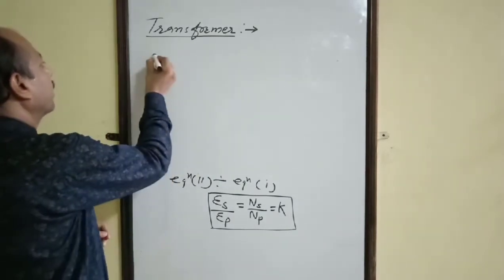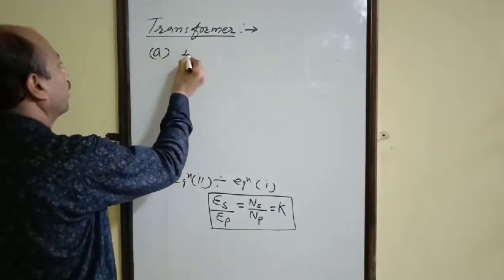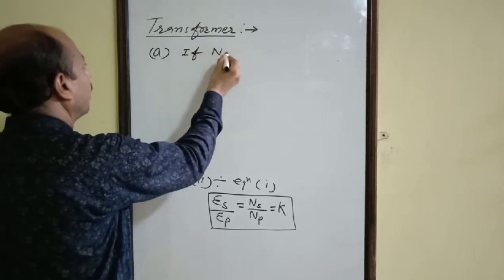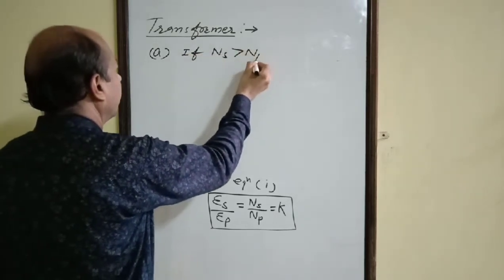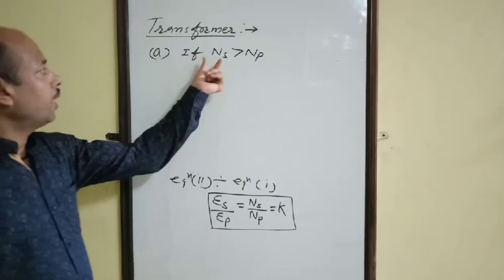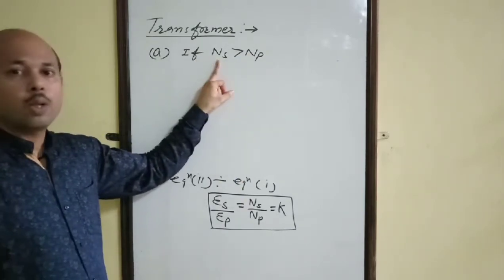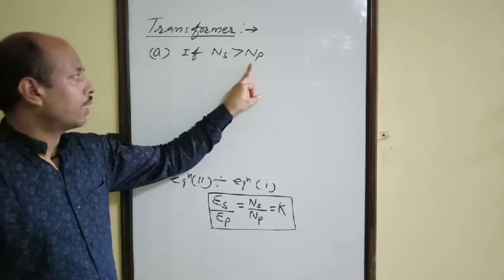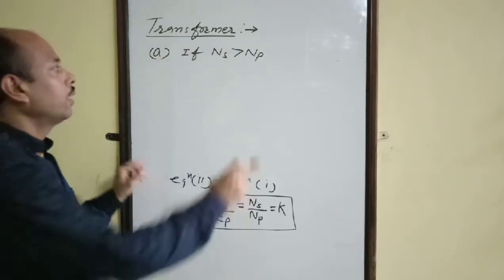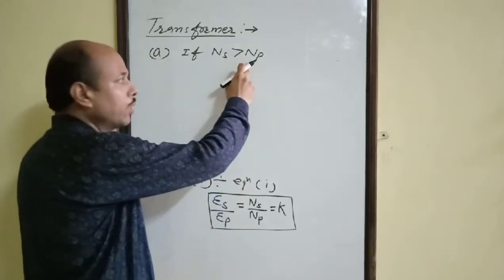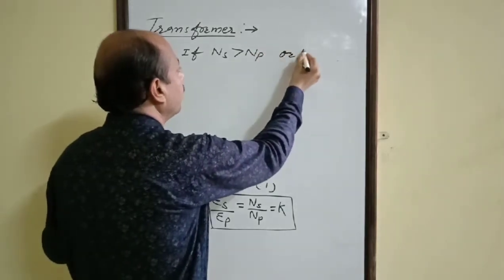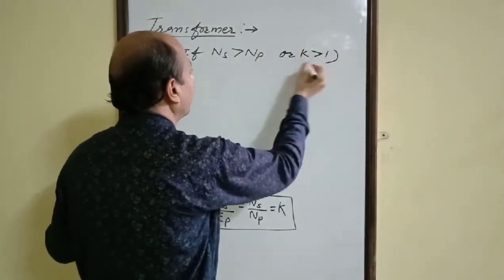Now the first case. If NS is greater than NP, or we can say the number of turns in the secondary coil is more than the number of turns in the primary coil, or K is greater than 1.